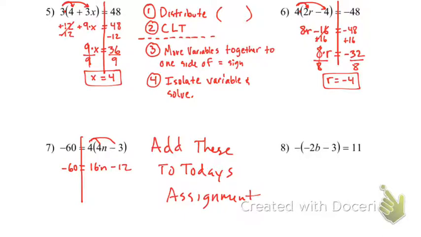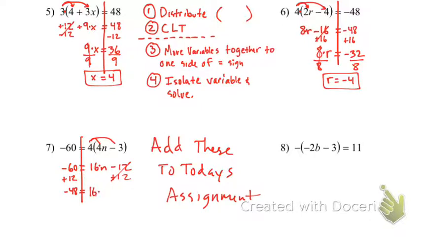So we have to get rid of the 16 and the 12. The one we want to get rid of first is the 12 because it's subtracting, and we always want to get rid of addition subtraction first. So we're going to add 12 to both sides. The 12s cancel out. On the left side, the negatives are going to win, and they're going to win by 48.